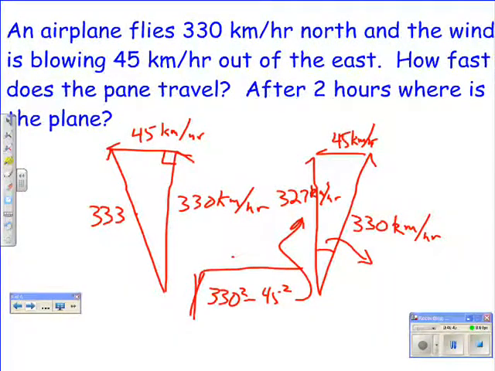So that angle is, is it going to be a very big angle? No, it's going to be pretty small, right? Because this side is small compared to that one. What is it? About 8 degrees east of north.